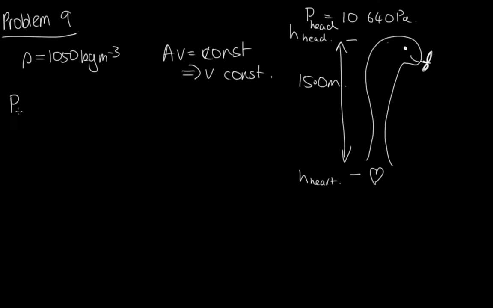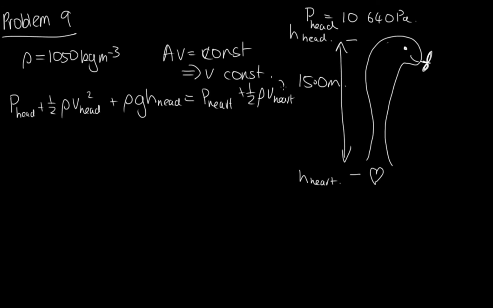We know that the pressure in the head plus a half rho V head squared plus rho g h, the height of the head, is equal to the pressure at the heart plus a half rho V heart squared plus rho g, the height of the heart. Okay, now we've just said that the velocities are the same, so this term and this term are the same, so they will cancel out.